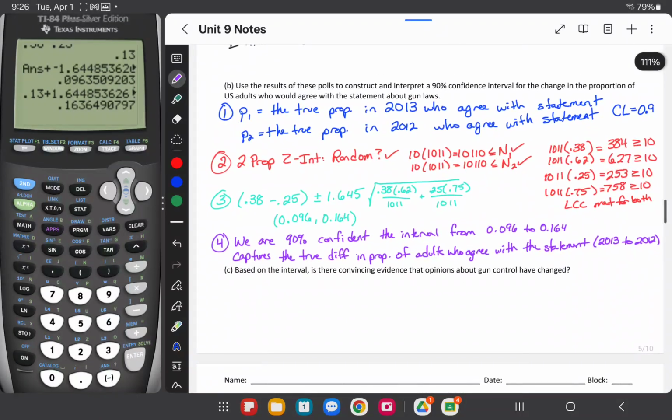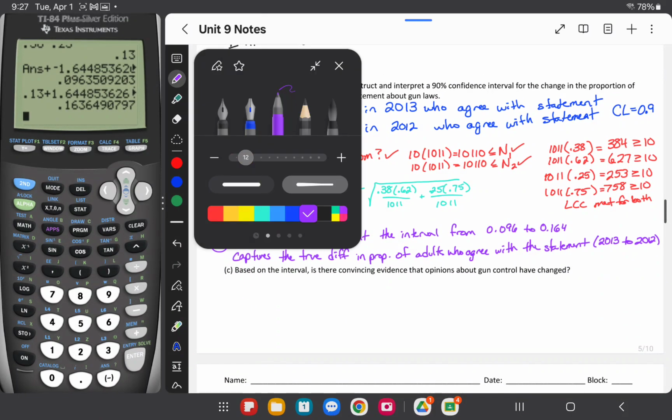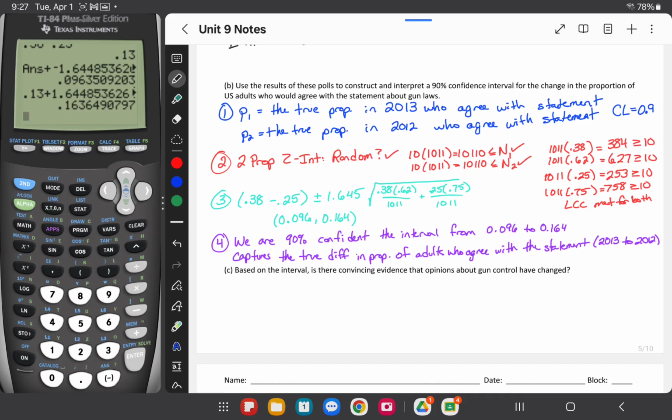So then based on our interval, is there convincing evidence now that the opinions about gun control have changed? Well, let's think about if they haven't changed first. If there hasn't been a change, then there would be no difference between the two proportions. So no difference would be essentially asking, is 0 contained in the interval or not?